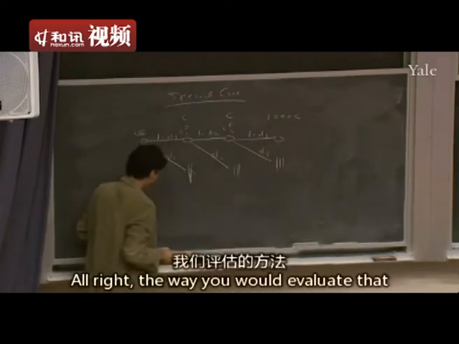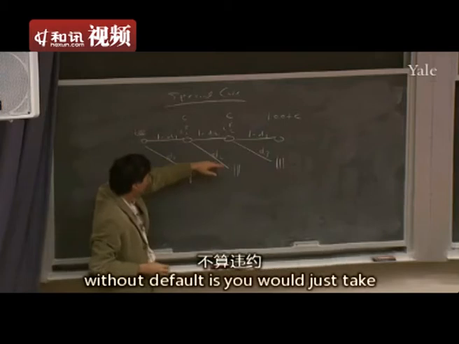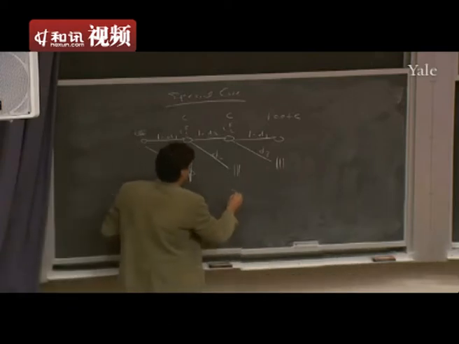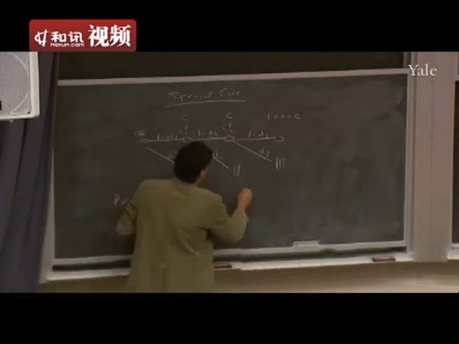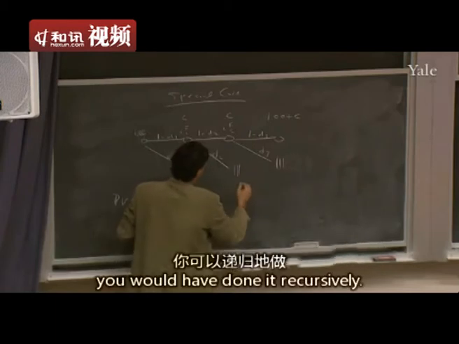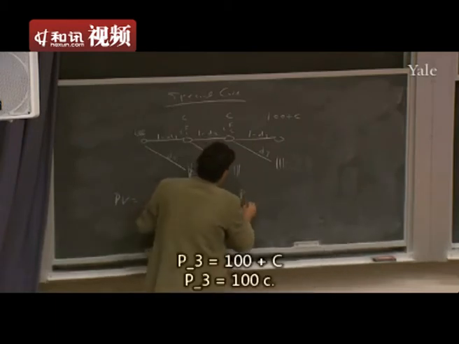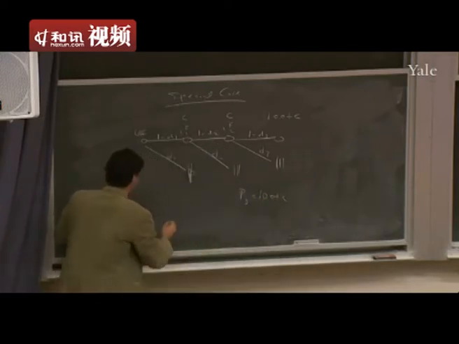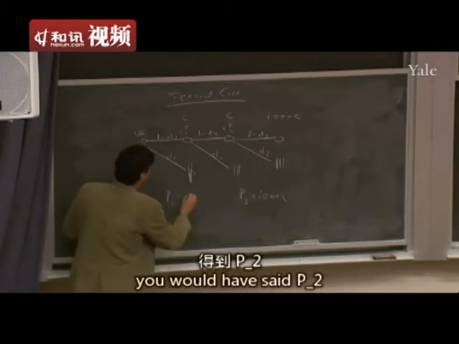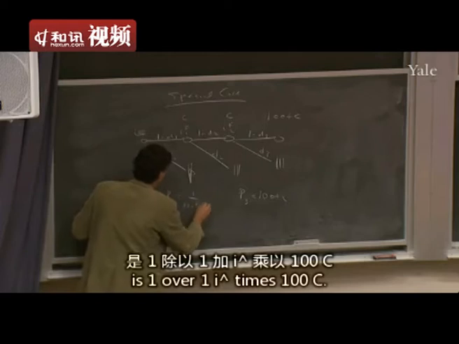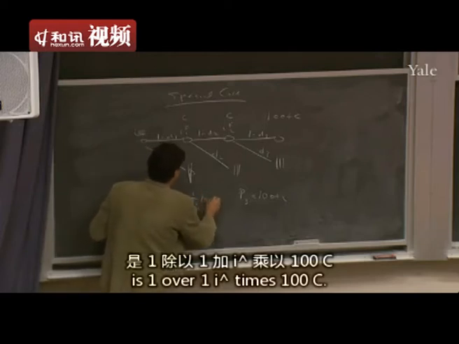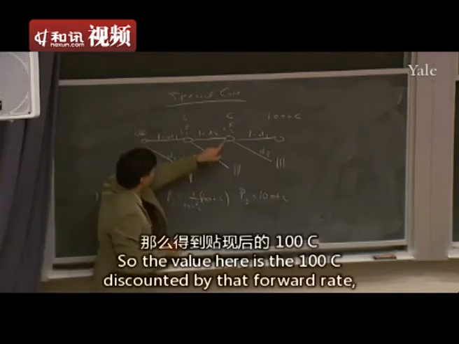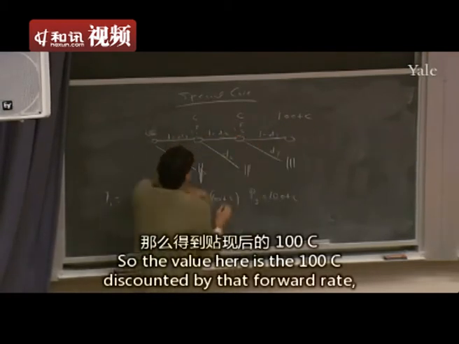All right, the way you would evaluate that without default is you would have done it recursively. You would have gotten P3 equals 100 plus C. Then P2 is 1 over 1 plus IF2 times 100 plus C. So the value here is the 100 plus C discounted by that forward rate.